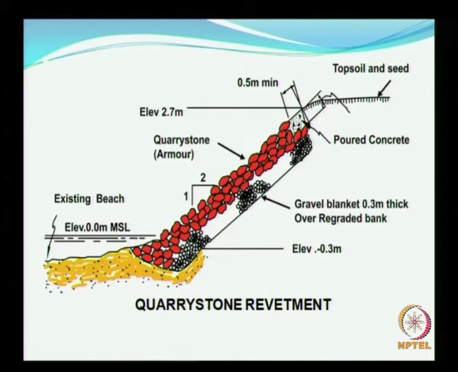There are several instances along our coast of such failures, particularly along the Kerala coast. We have noticed a number of structures fail during the tsunami. During the tsunami, most of the seawall sections failed along the Kerala coast because of this kind of phenomenon.